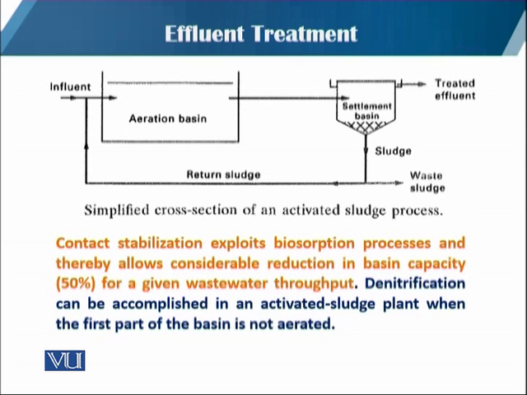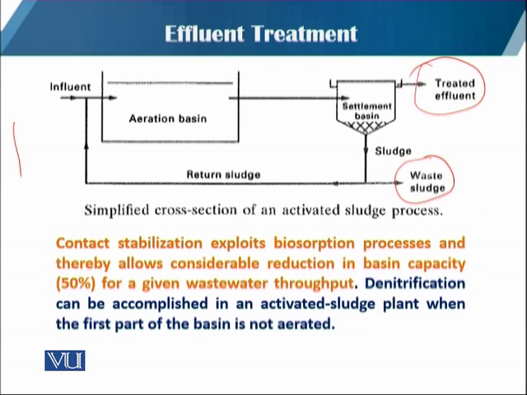You can see the aeration basin, and effluent comes from this side, and then it goes to the settlement basin, and here you can collect the treated effluent, and then there is the return of the sludge back, and that is the waste sludge. So this is basically the cross section of the activated sludge process.